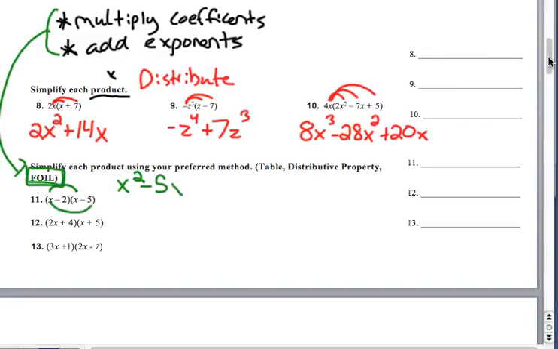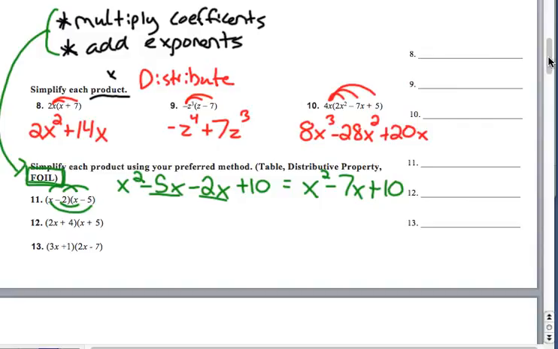Outside, inside, and last, being careful that two negatives multiply to be a positive. And then, of course, very last step, you combine those like terms and get your final answer to look like that.